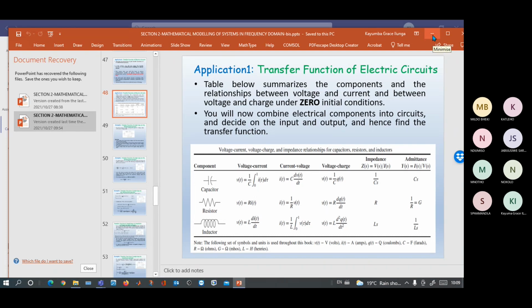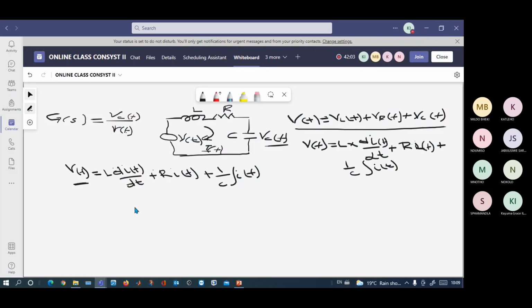So when we want to write the current going there, it's going to be i of t, because it's the same thing.